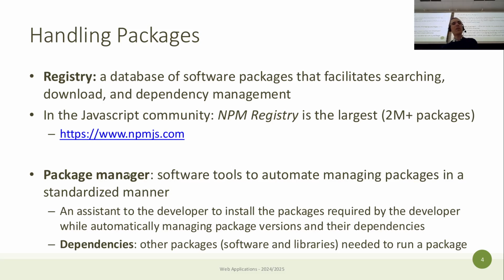And the package manager knows the place of the registry, and when you ask for a certain package, the package manager will go to that place, search the list, and see if the package exists. It downloads and does everything that is needed to make the package available to your code, okay? With all dependencies, all the stuff that is needed to make it work.